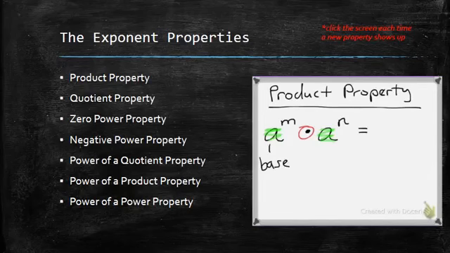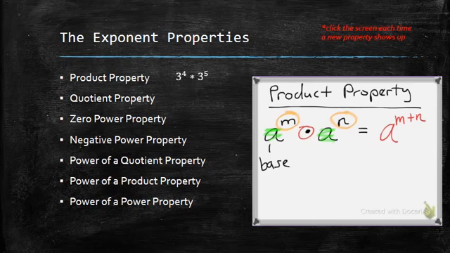Now we look at our exponents. Our exponents in this case are m and n. So here's our first exponent, here's our second exponent. This property tells you to add the powers. So the base stays the same, condense it into one: a to the m plus n. That is what the property is.